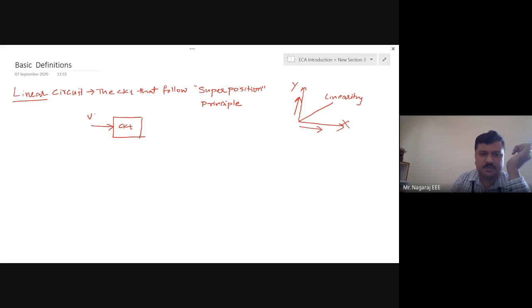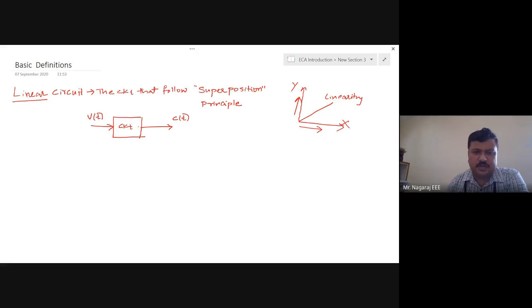Let this be V of t, and I get some output, say C of t. The t indicates with respect to time. Whenever I write the system characteristics, I write them with respect to time, and in the definition of linearity, the time also matters. Why and how, I will tell you after a moment.